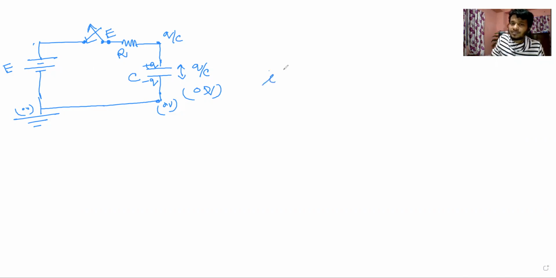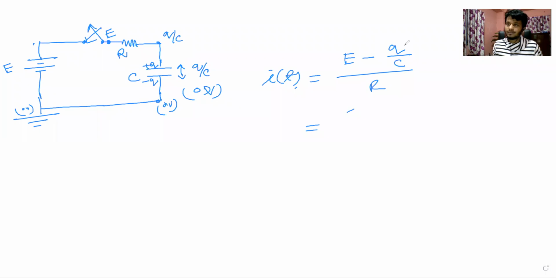Now suppose the current at time t is denoted by I(t). We have already written the formula: (E minus Q upon C) divided by R, isn't it? I have already written this formula previously, and then I replaced I(t) by dQ by dt. Can you remember? So what is Q here?